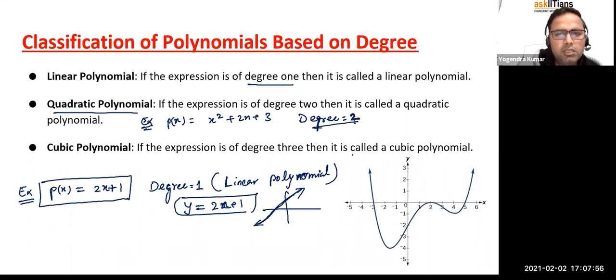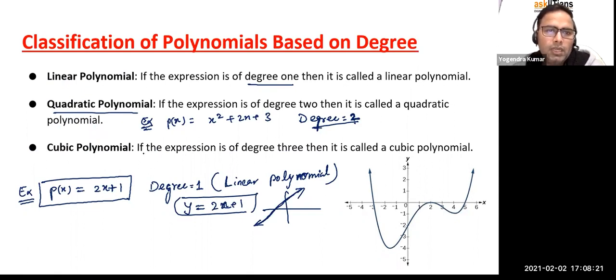And cubic is degree 3. Now why are we naming them? Because we are going to deal most of the time with linear, quadratic, or cubic. These are the most commonly used polynomials in our further study. So we need to give them some name, because we are going to deal with them most of the time.